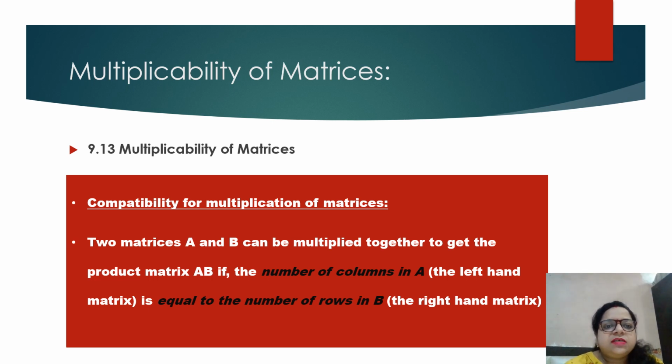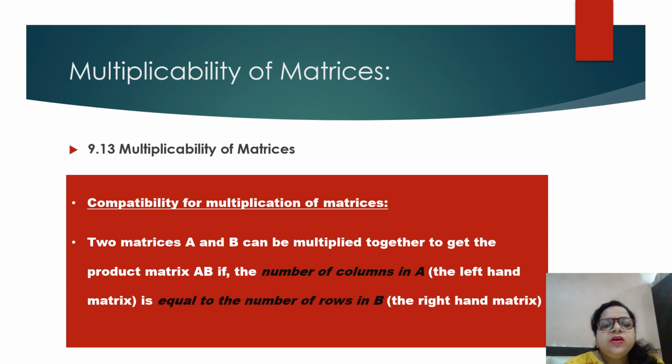Multiplicability of matrices means whether the matrices are compatible for multiplication or not. So point number 9.13, which is multiplicability of matrices: compatibility of matrices for multiplication.